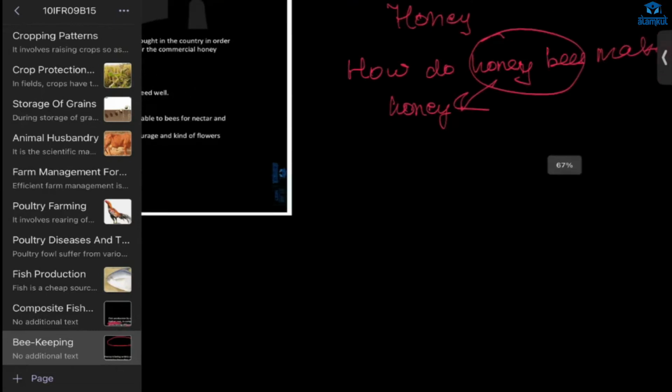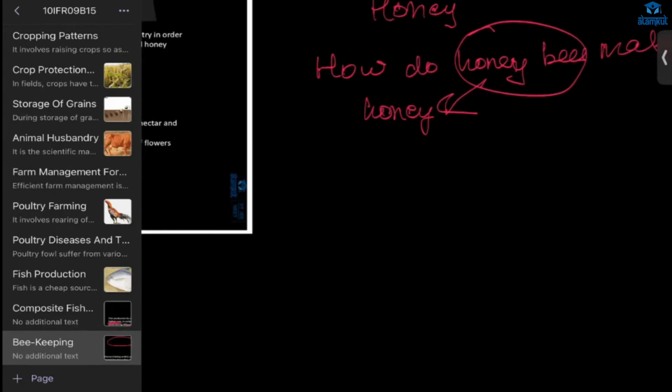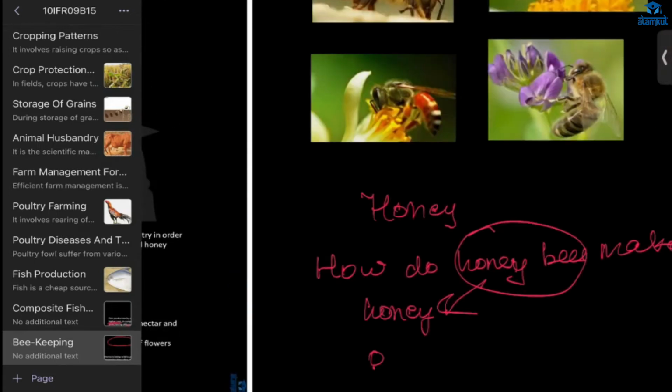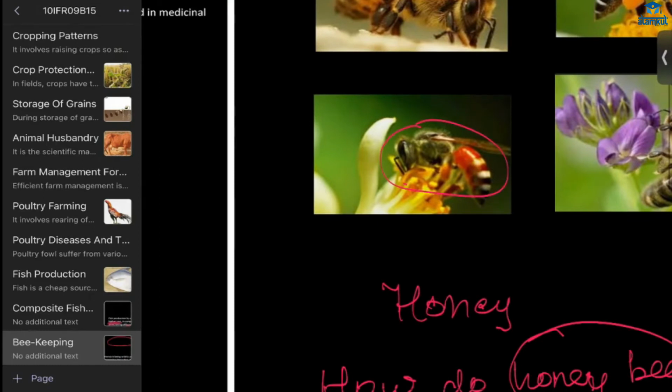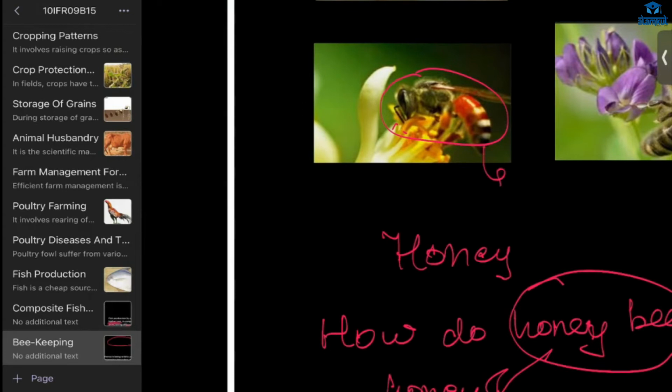Well, see, what this honeybee does is, they will suck up nectar, okay? And they have two stomachs.